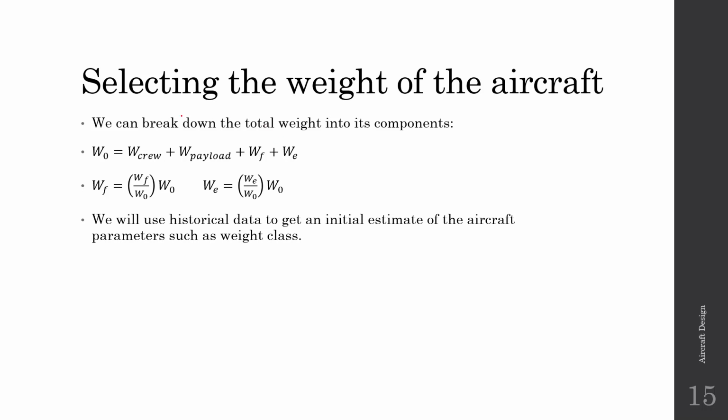Next, sir has also discussed selecting the weight of the aircraft. Like, not really selecting, or you can say estimating the weight of the aircraft. Now, of course, it will depend on how big the aircraft is.